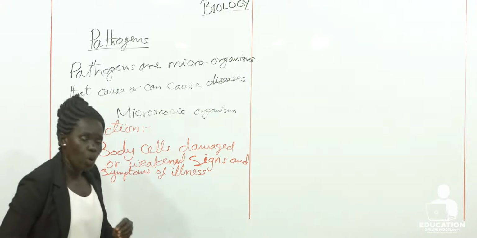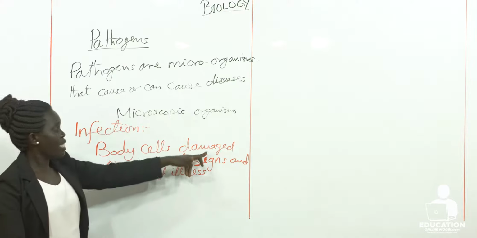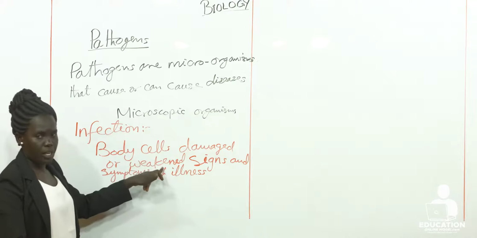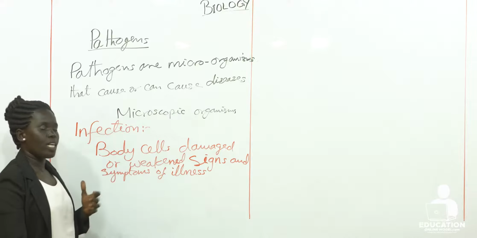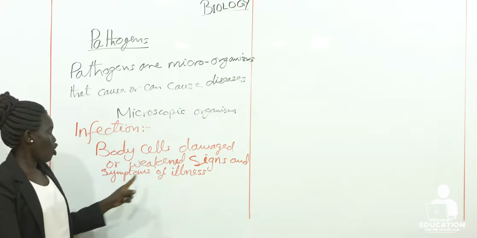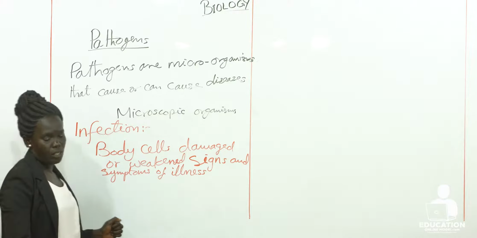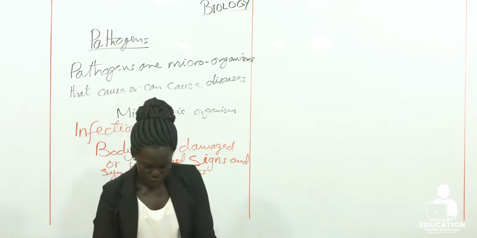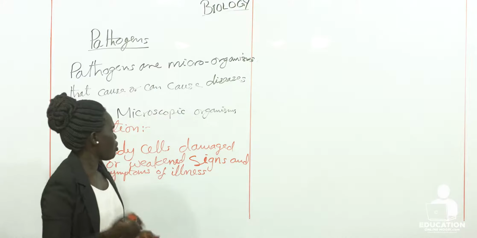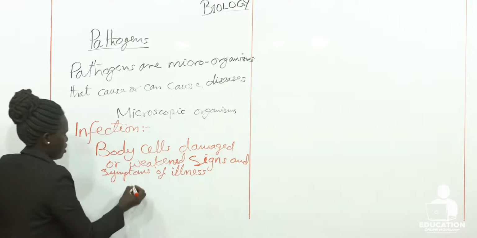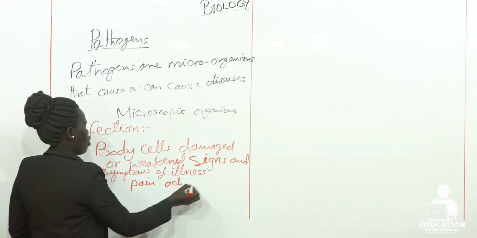It becomes disease when that system or the cells get damaged or become weak. Then the body will start showing signs or symptoms of illness. This state is known as disease. Some symptoms or signs of illness are like pain, ache, or fever.